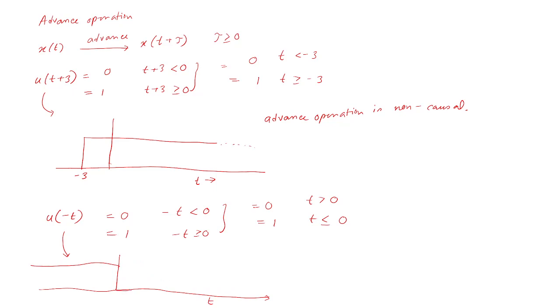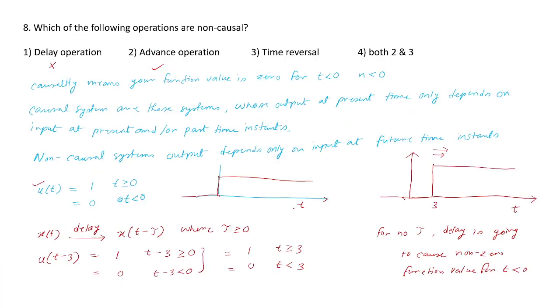It is going to be 0 for positive t, and it has a value of 1 for all negative t. Therefore, time reversal is also non-causal. So both the advance operation and time reversal are non-causal operations. Therefore the correct answer to this question is the fourth option.